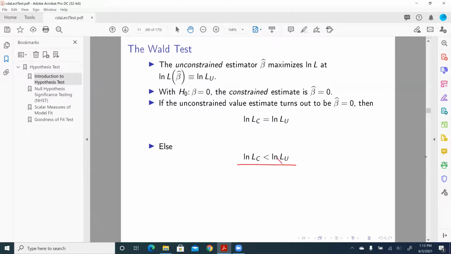A complicated model should have a higher likelihood of observing the data, and because the log function is monotonically increasing, a greater likelihood leads to a greater log likelihood.